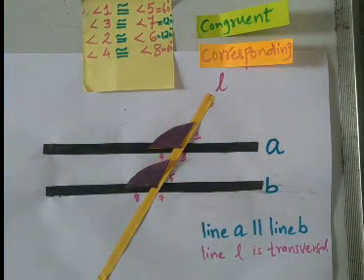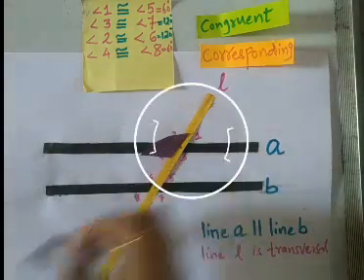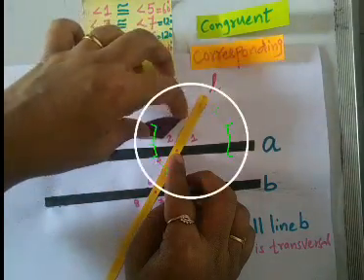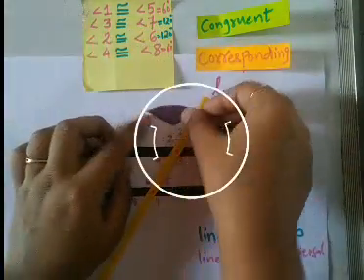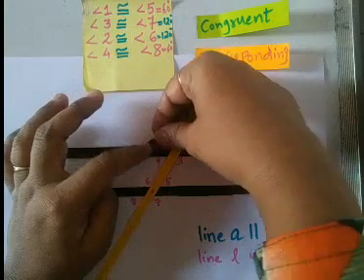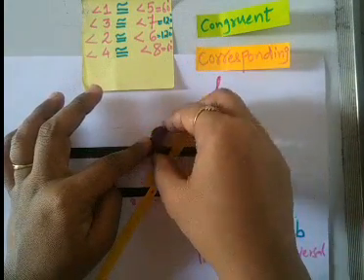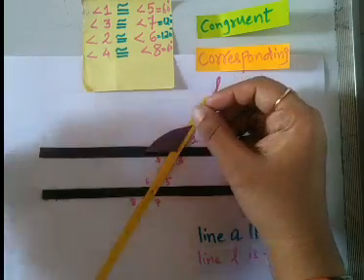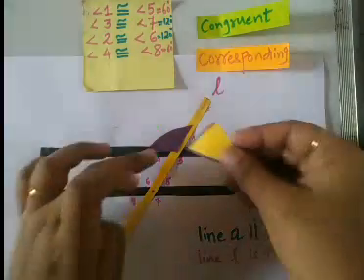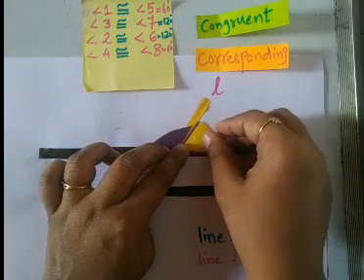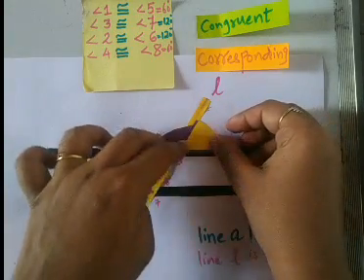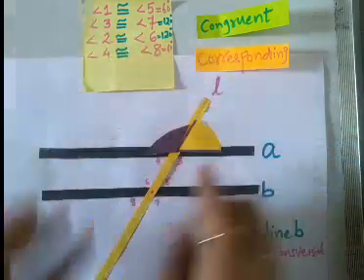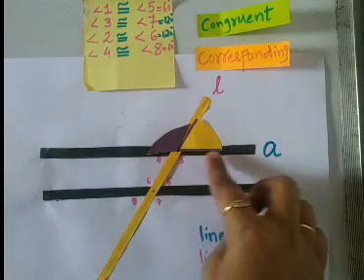Okay, if you will see angle number 2 and angle number 1, these two angles, when we join them, make a line.